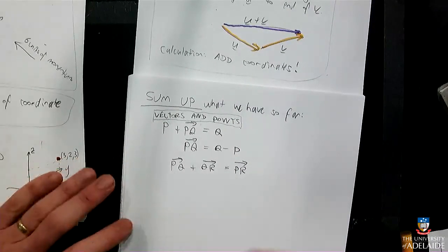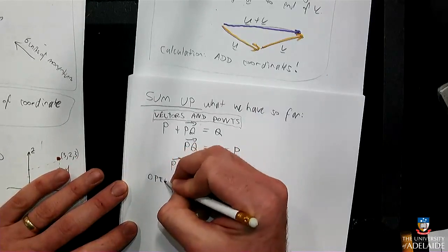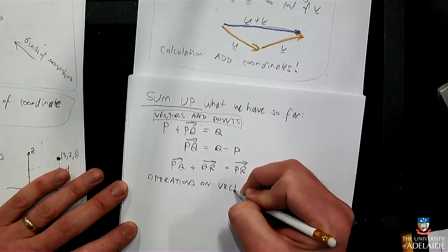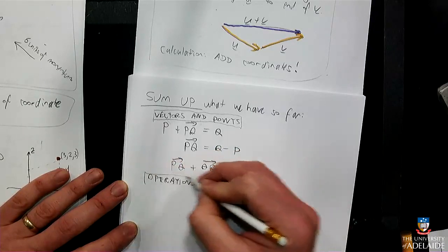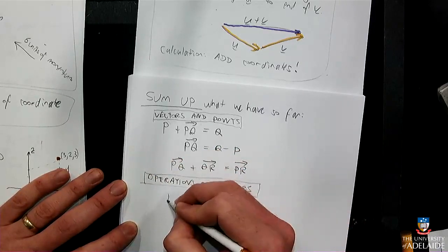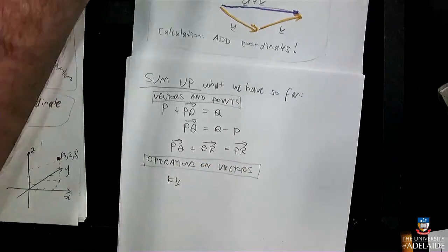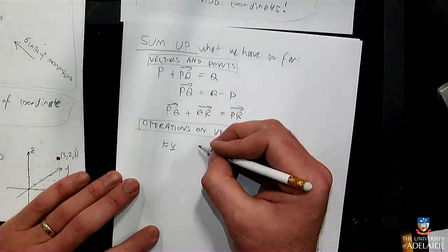Okay. And then we also had some operations we can do on vectors. We can do scalar multiplication. So we had kv, which we did by multiplying the coordinates by k.